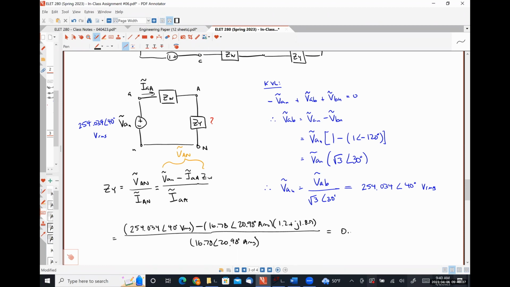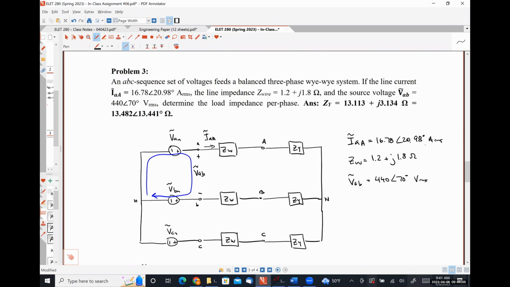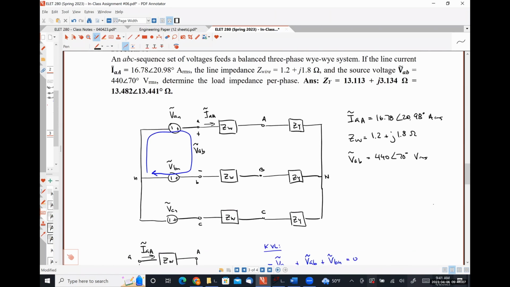I get 0.22230 minus j1.307, or 1.327 angle negative 80.040 degrees. Oh, let's just check things here really quick. Really different number.